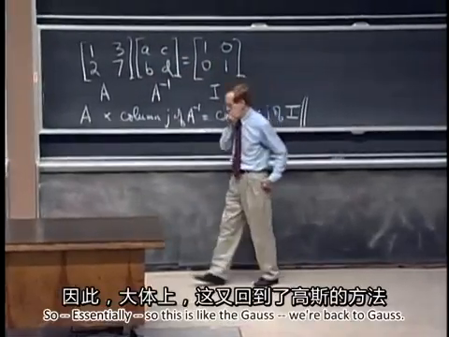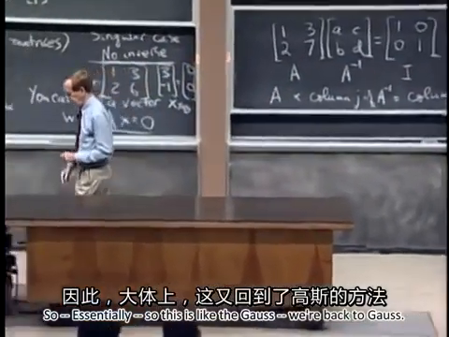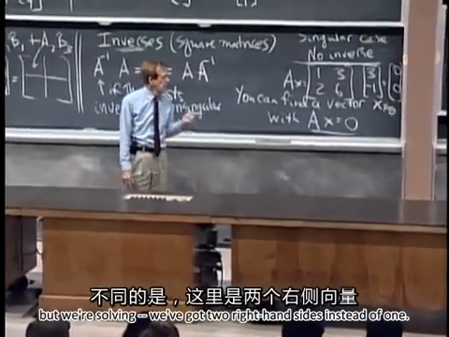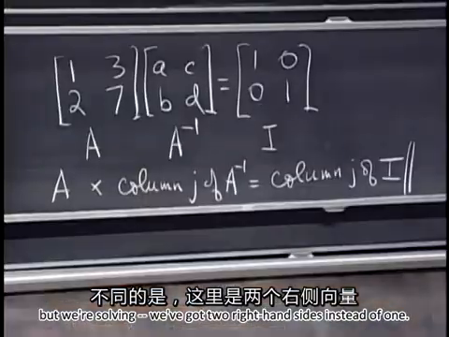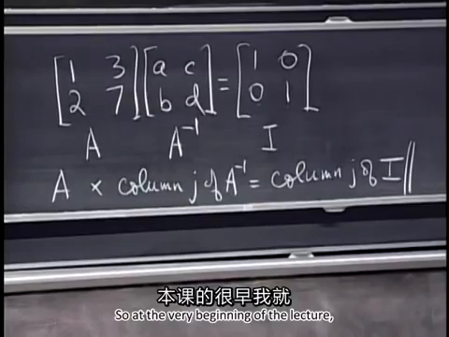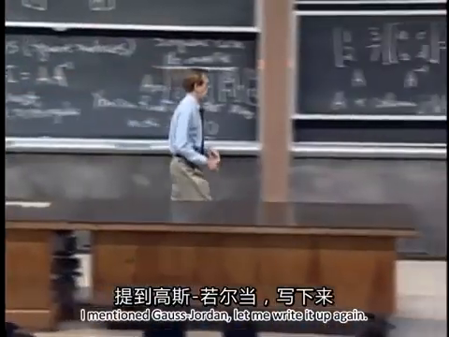So essentially, this is like Gauss. We're back to solving systems of equations, but we've got 2 right-hand sides instead of 1. That's where Jordan comes in. So at the very beginning of the lecture, I mentioned Gauss-Jordan. Let me write it up again.